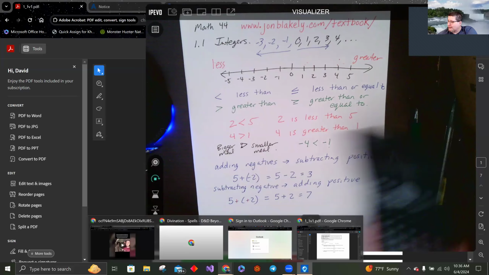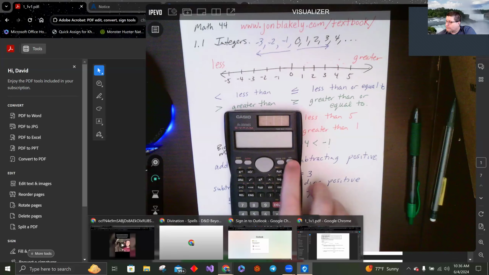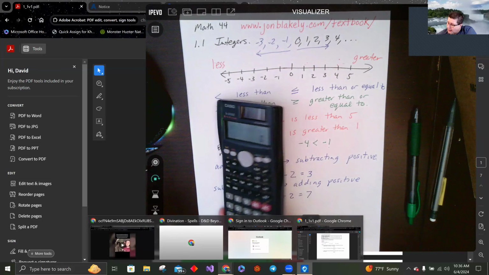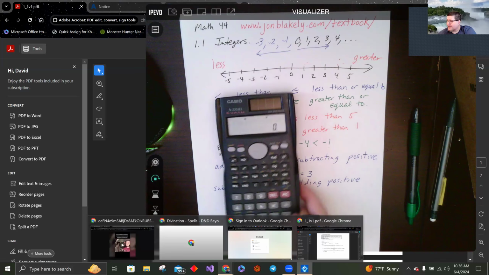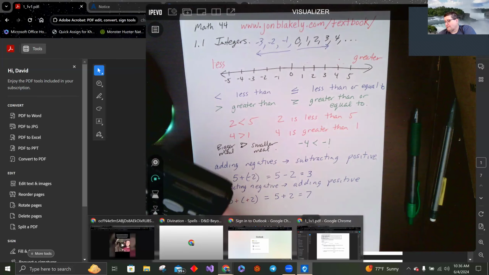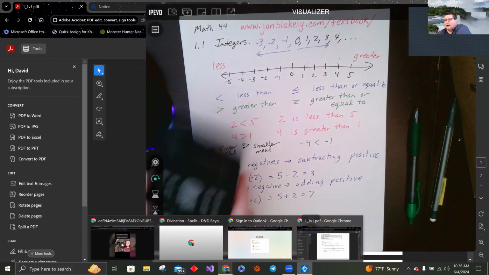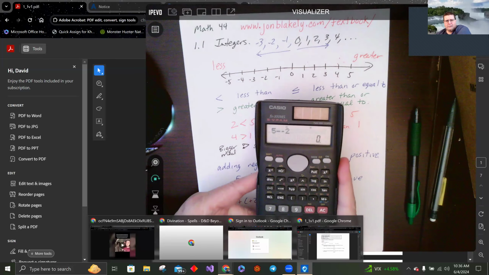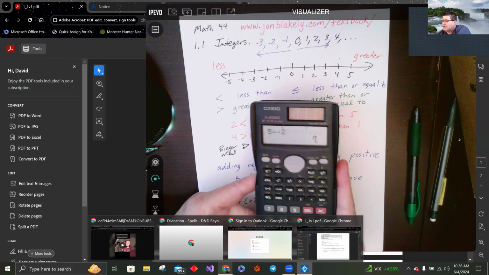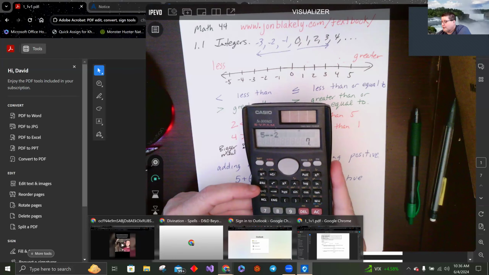If you do it in a calculator, do I have a negative key on here? I have a minus key. 5 minus -2. Does that work? Yep. So I got it to work. You just have to make sure you do it right.